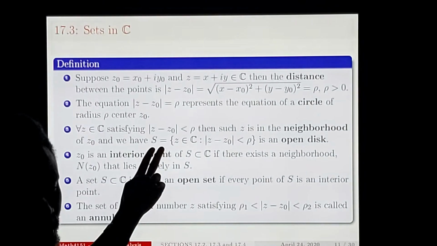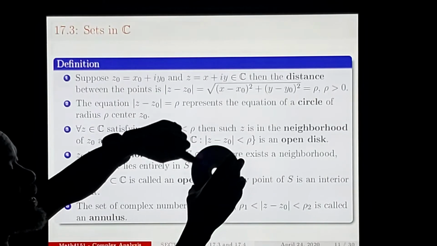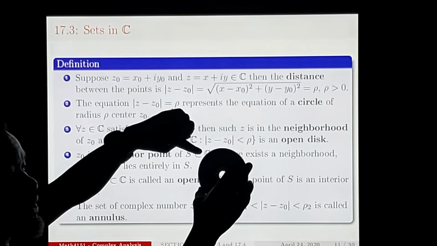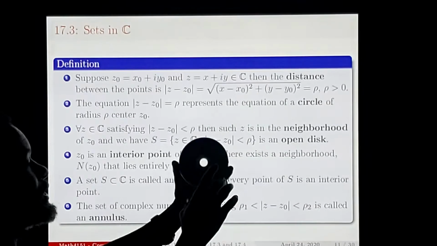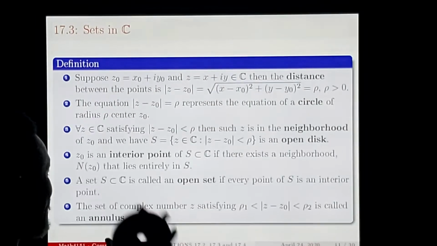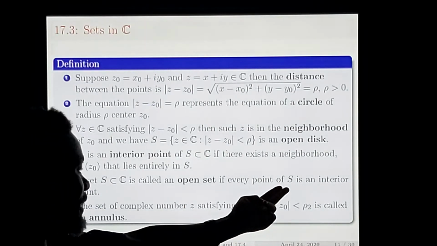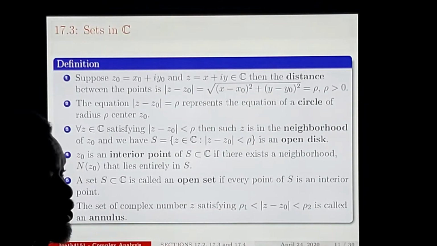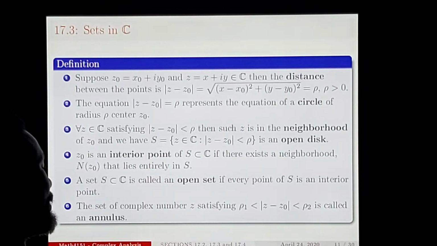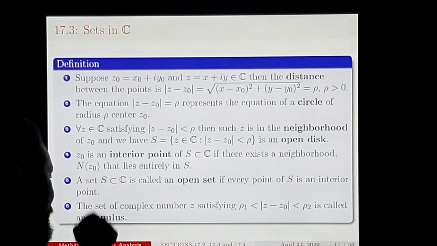As opposed to, if I thought of my point here on the boundary, then any neighborhood I take will have points inside and outside. It's not an interior point. An interior point means the neighborhood is always within. I hope you can see here. A set S is called an open set if every point of S is an interior point. That means all the points of S are interior points. Then the set S is an open set.